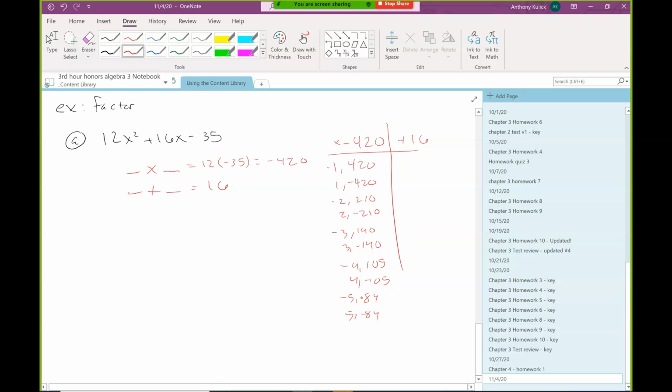What do you notice with each subsequent factor? You should notice that we're getting closer and closer, right?